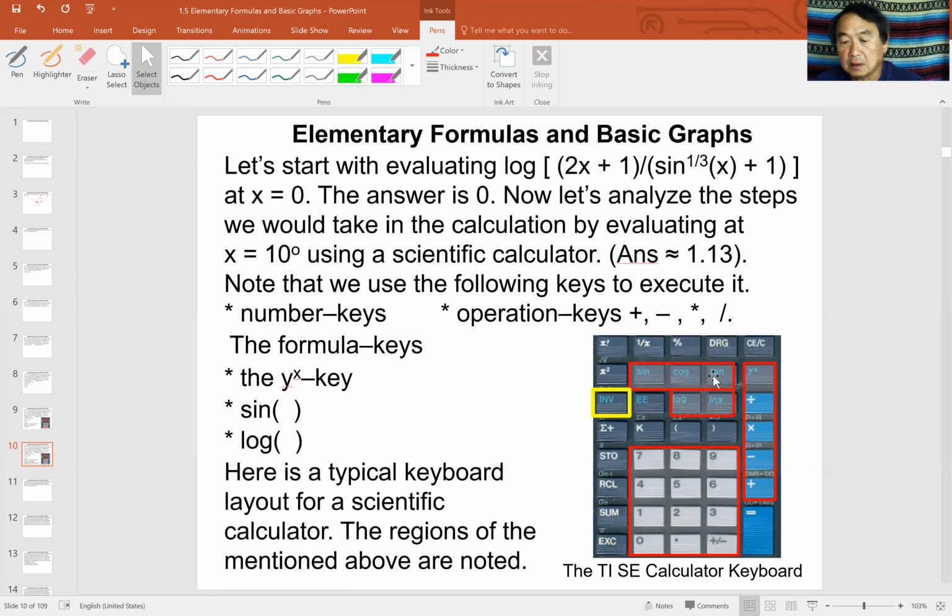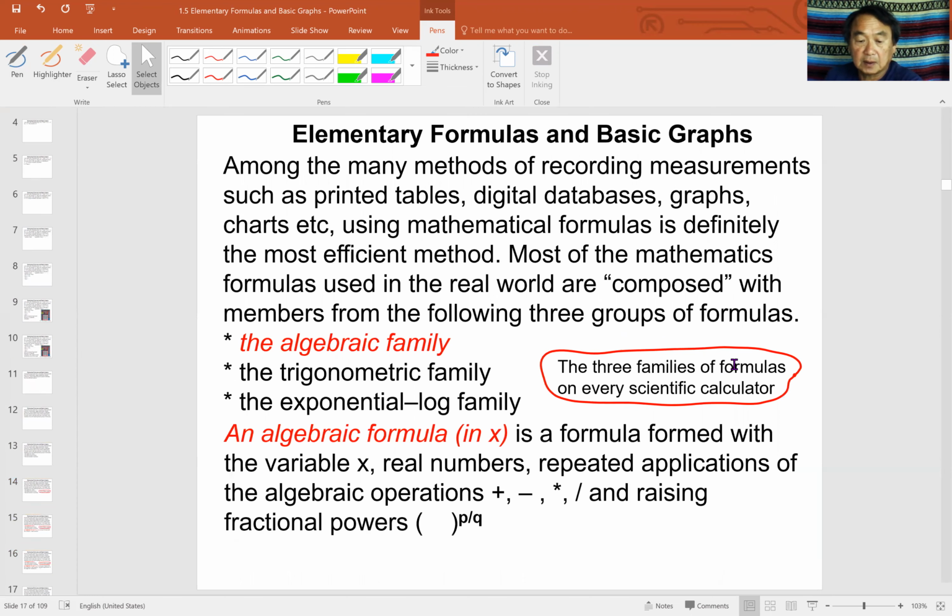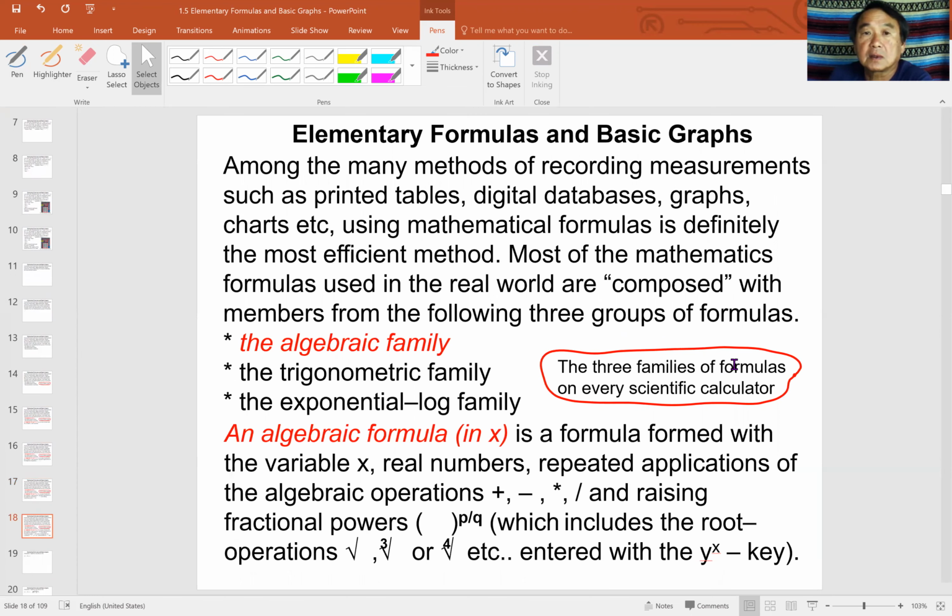Those are the trig formulas right here, these are the logs and exponential formulas, and these we usually use for the power functions, and the inverses, of course. These are what we loosely call basic formulas. There are three families: the algebraic family, the trig family, and the exponential family. That's why we went through them in the previous sections.